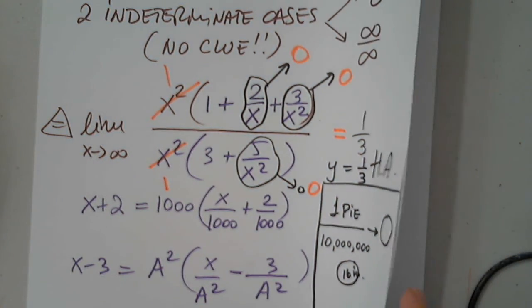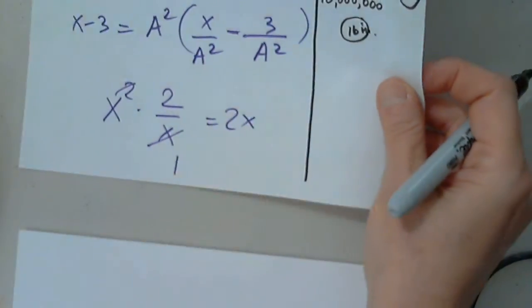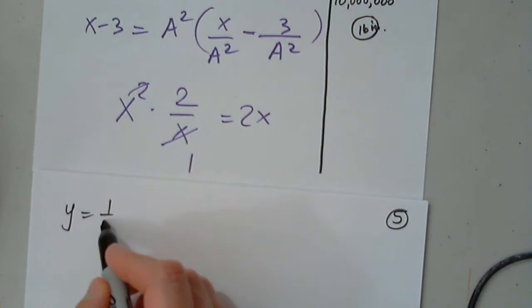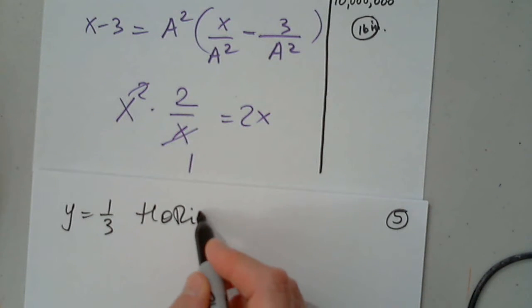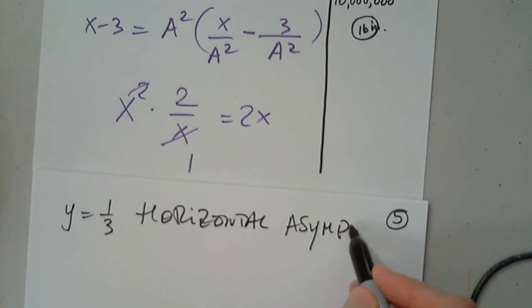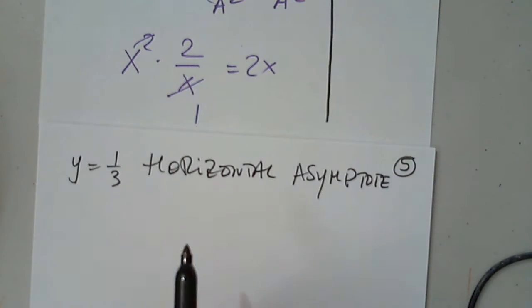I'm going to write it here. So y equals 1/3 is the horizontal asymptote. What does it mean? I'm not graphing the function.